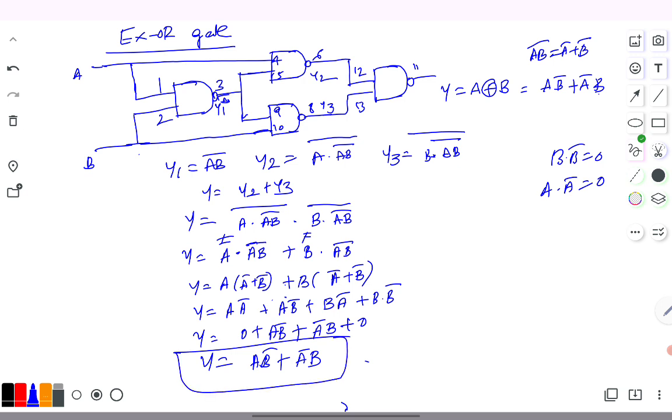Next XNOR gate. For XNOR gate, same here.